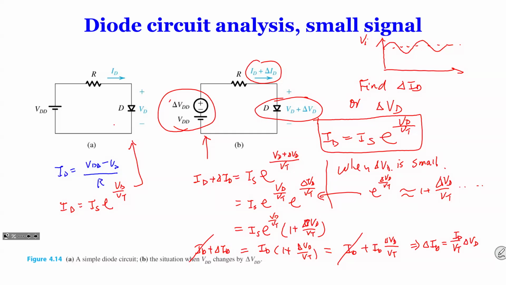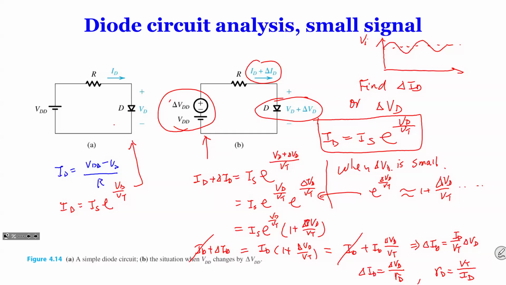The final equation is that the change of ID is proportional to delta VD. If we flip this one, VT over ID, what do you get? It's a resistance, right? So we call that the small signal equivalent resistance. We will say delta ID equal to delta VD over RD, and this RD equal to VT over ID.